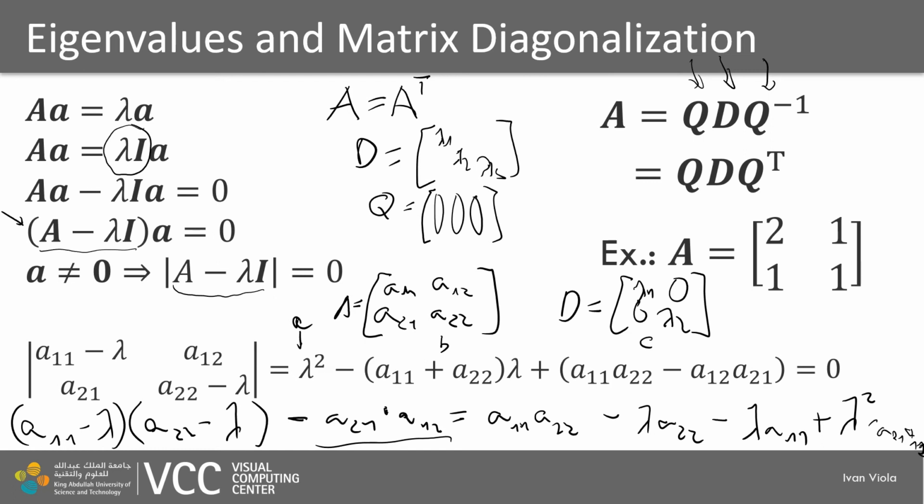Afterwards, we can put in the second lambda and perform exactly the same operation to calculate the second eigenvector. So then we will have the eigenvectors calculated for both lambdas, and we will obtain the matrix Q. And once we have our orthogonal matrix with orthogonal vectors, we can simply transpose it to get Q transposed.